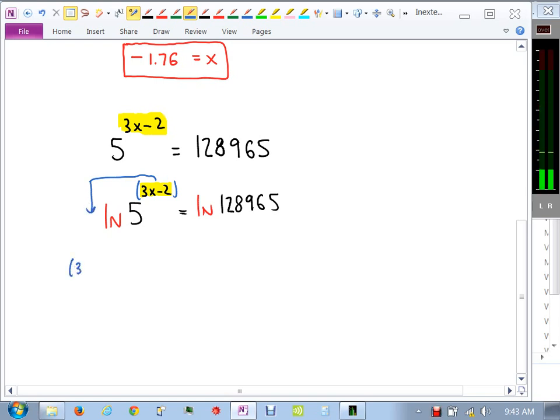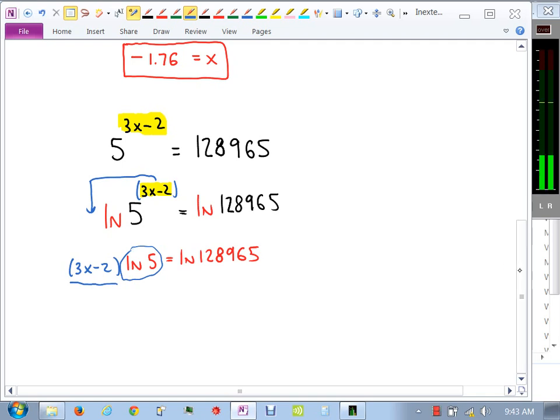So that's a real nice result. And I still have there the natural log 5, and I have the natural log 128,965. And here's where you would try and solve for x. So you could leave everything in the parentheses here alone and get rid of the natural log of 5 by dividing both sides by natural log 5. You could do that, right?